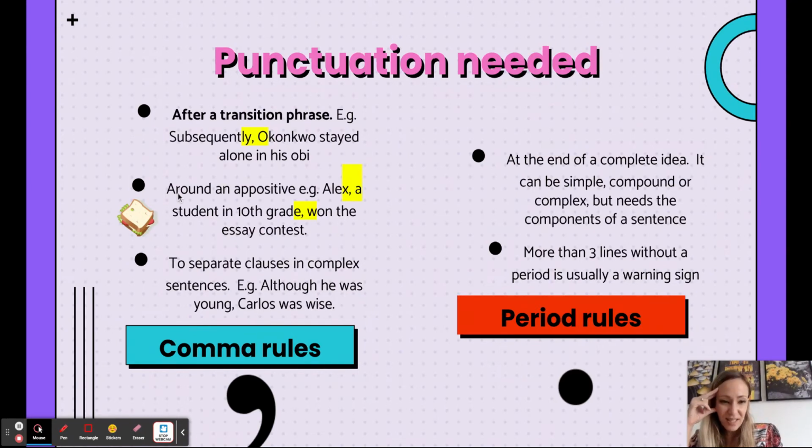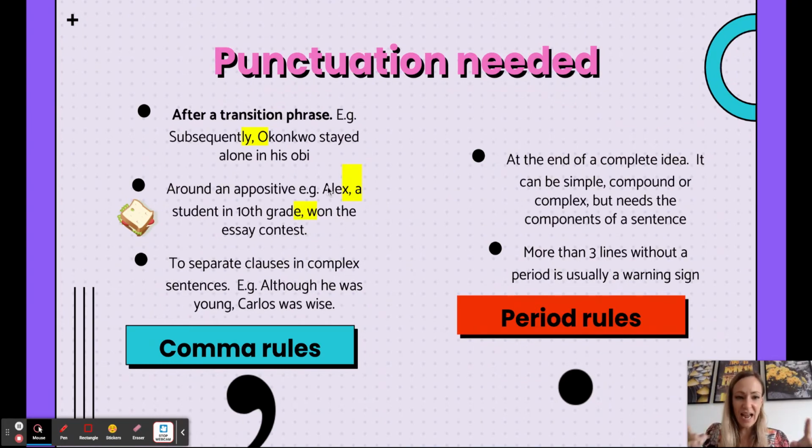Around an appositive phrase, which is a fancy name for what I like to call a comma sandwich. That's why I put a little sandwich icon there. So when I have a simple sentence, but I want to insert an explanatory detail, this is where I need that comma sandwich. So here's an example to illustrate. Alex, a student in 10th grade, won the essay contest.